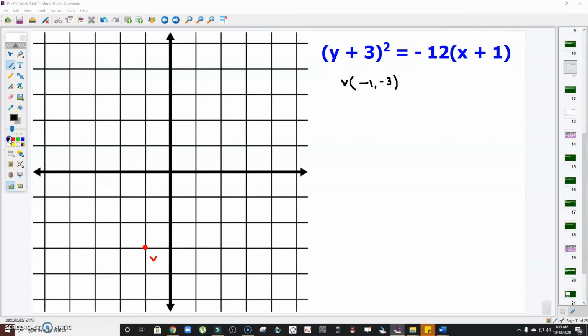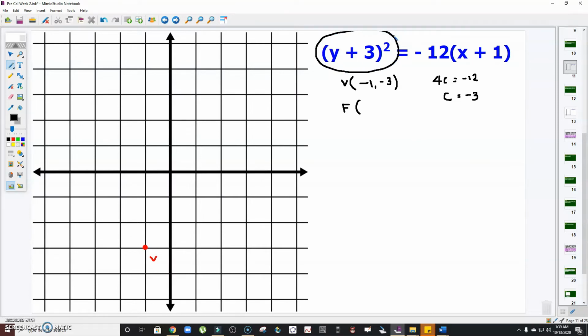Next. So I have the vertex. Now I need to get the focus. But how are you going to do that? Take note, our 4C is negative 12. So meaning C is equal to negative 3. Now what is the indication of this? I emphasized earlier that what is squared is y.